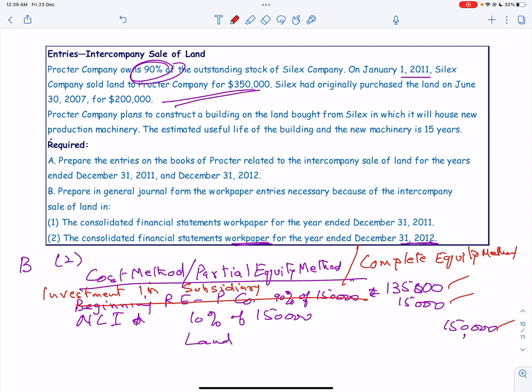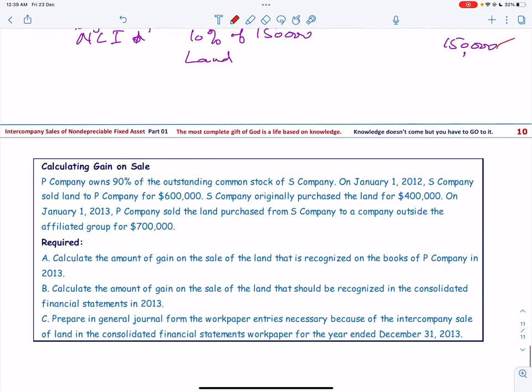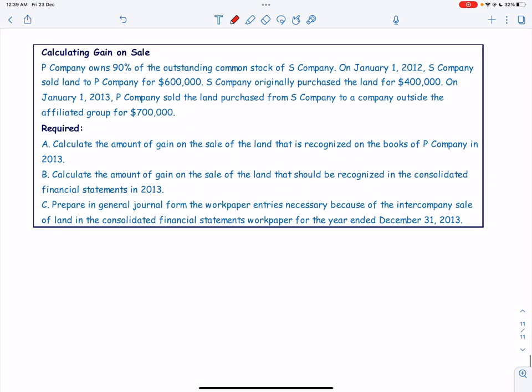Next, let us solve an exercise on calculating gain on sale of land. So P company owns 90% of the outstanding common stock of S company. On January 1, 2012, S company sold land to P company for 600,000. S company originally purchased the land for 400,000.